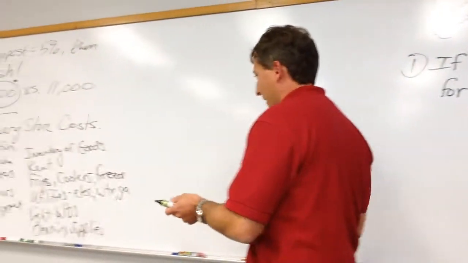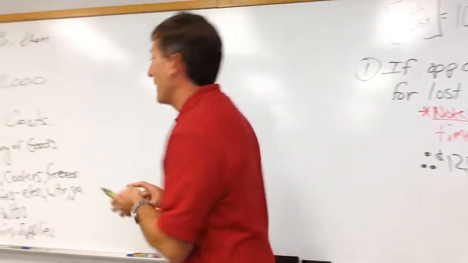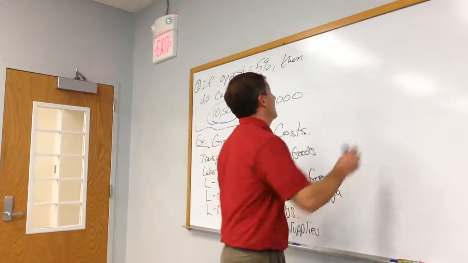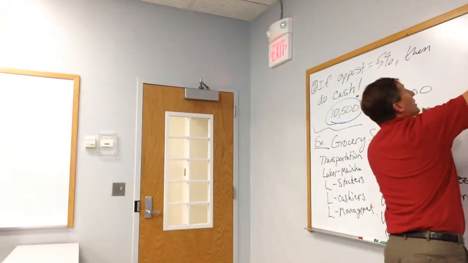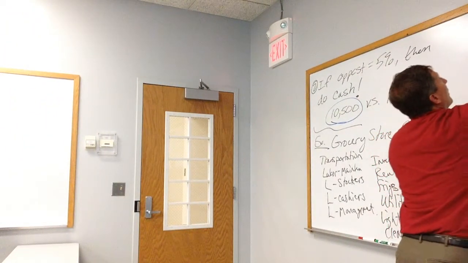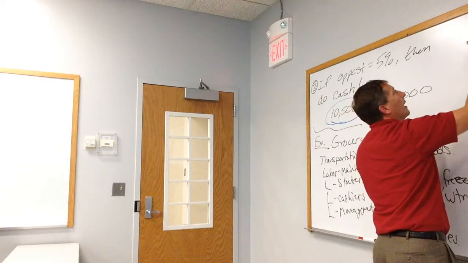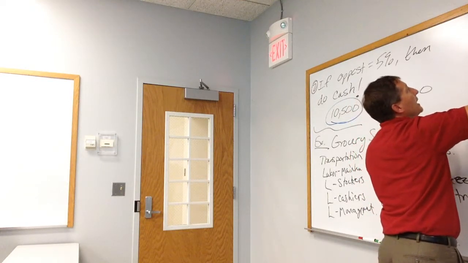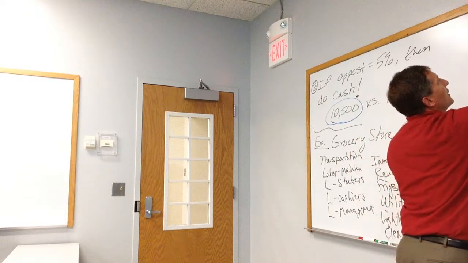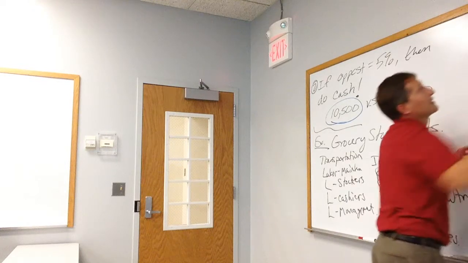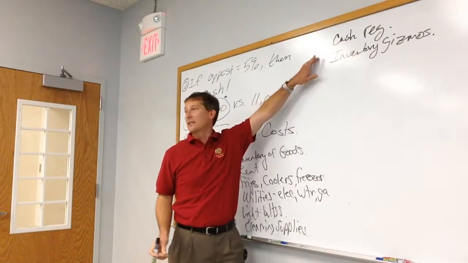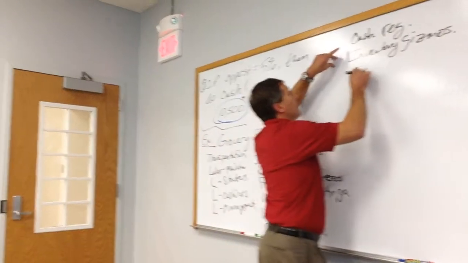In the old days, they looked more like a brick, but it's probably more of an iPad or iPod type device. So we've got cash registers. We've got our inventory gizmos. Not sure what those things are. Little calculator-looking things. Carts, shelves.